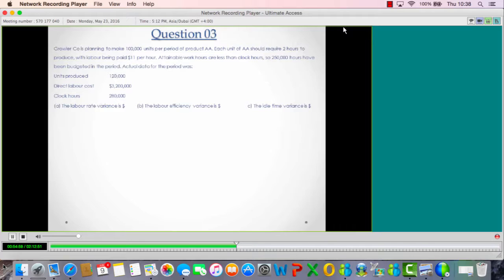Now when you are considering efficiency, should you consider the clock hours or the hours without idle time?